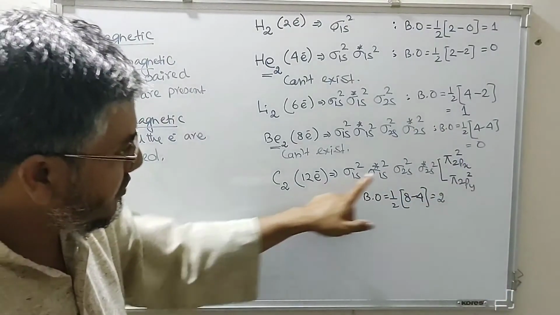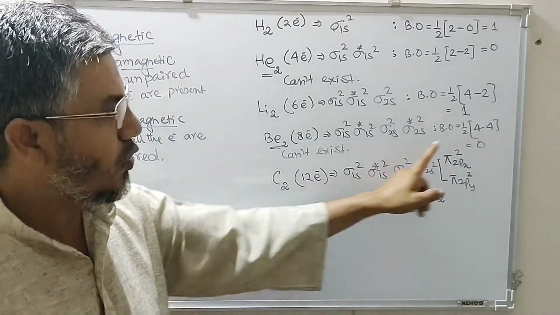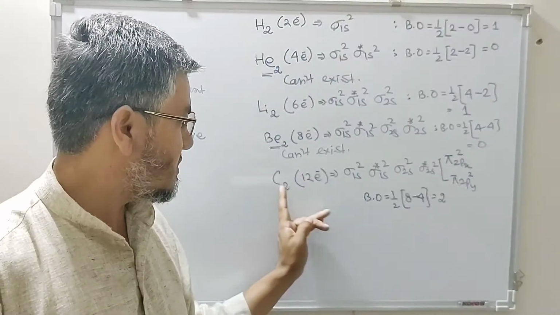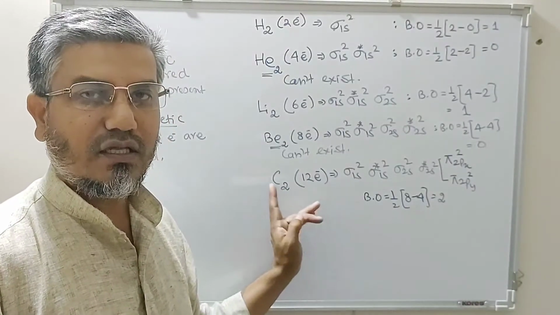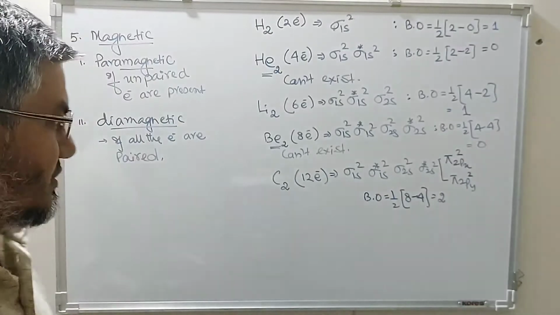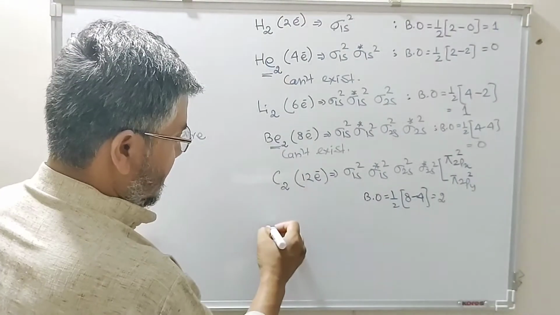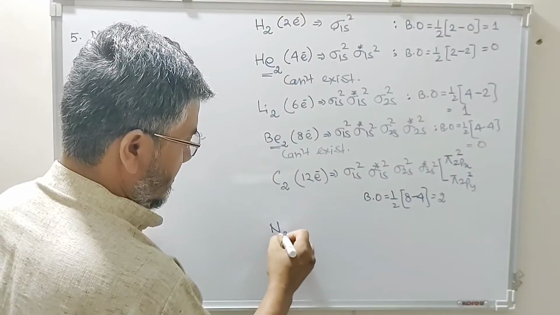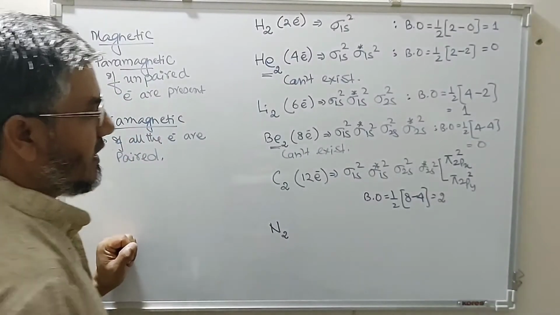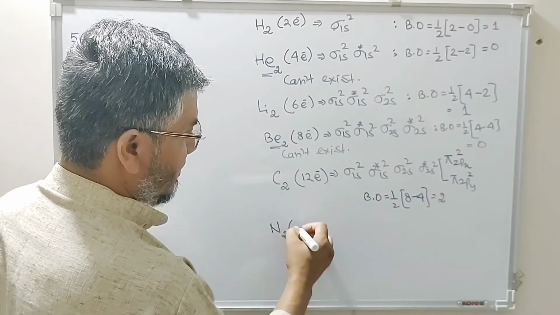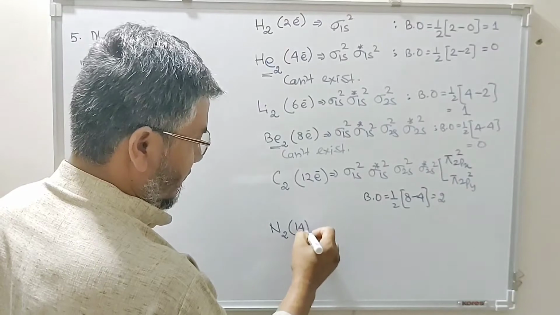In none of these orbitals is there an unpaired electron, so this is a diamagnetic species. Take this case, nitrogen, atomic number 7, 7 into 2, 14.